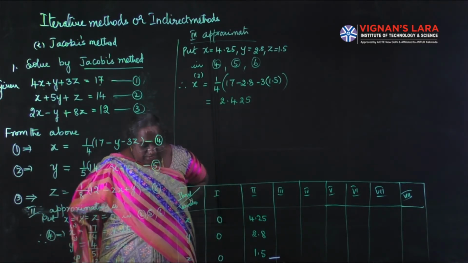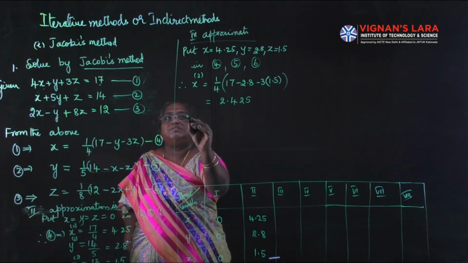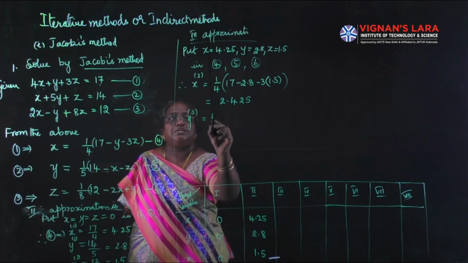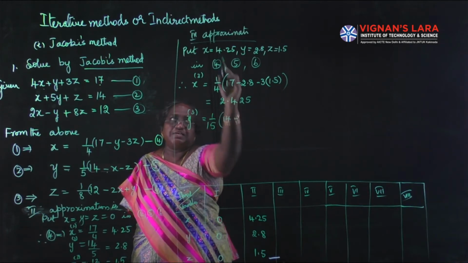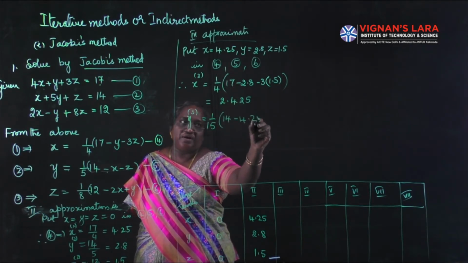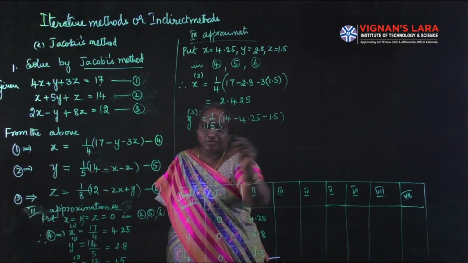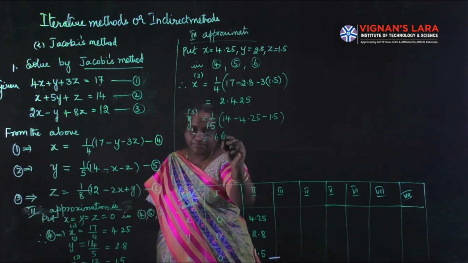Next, substitute for the third approximation of y: 1 by 15 into 14 minus x, what is x? 4.25, minus z, what is z? 1.5. If you calculate, this comes to be 1.65.